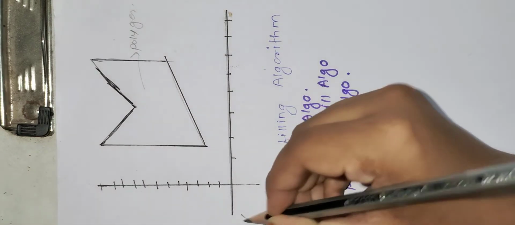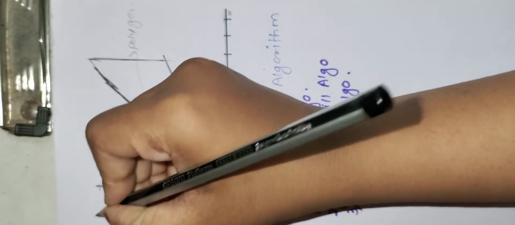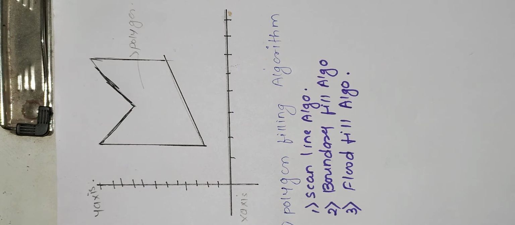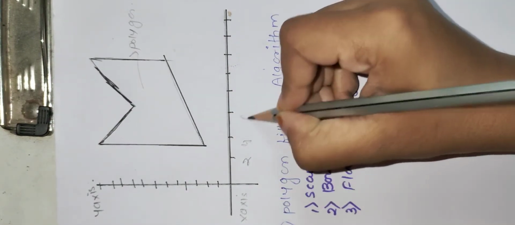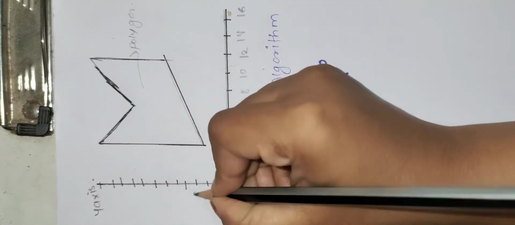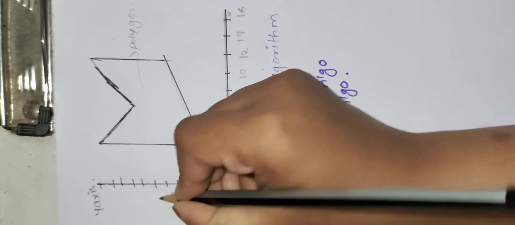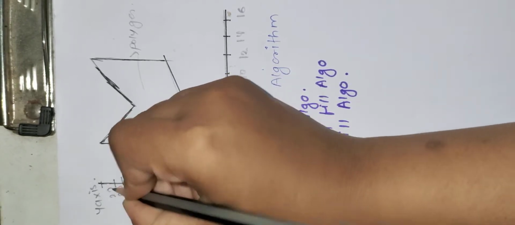Here this is the x-axis and this is the y-axis. Now I am putting some values: 2, 4, 6, 8, 10, 12, 14, 16, 18, 20, 22.